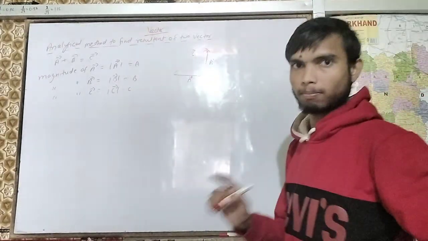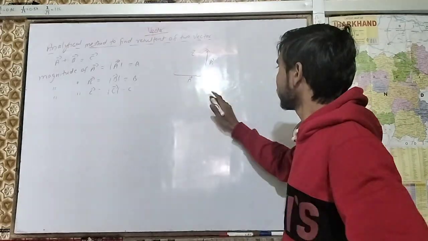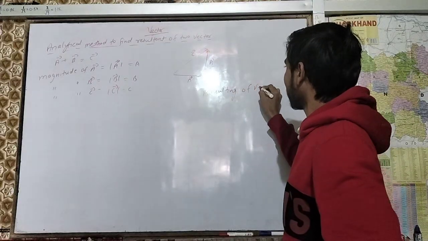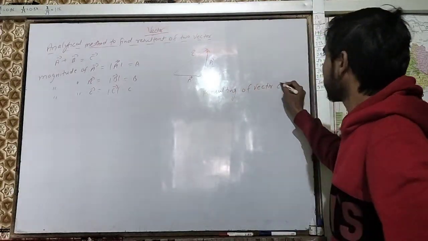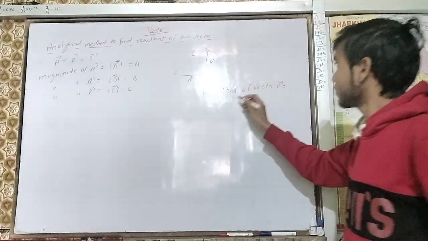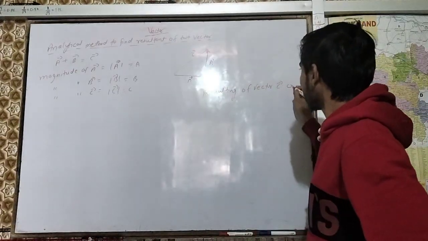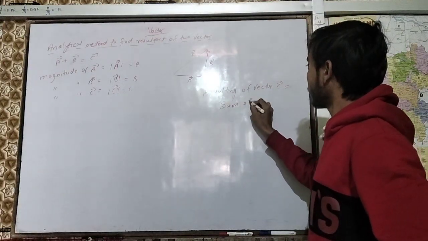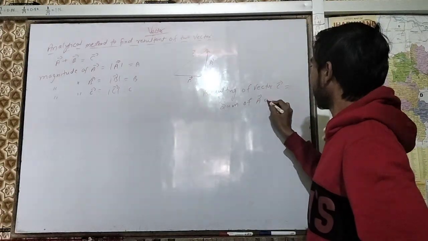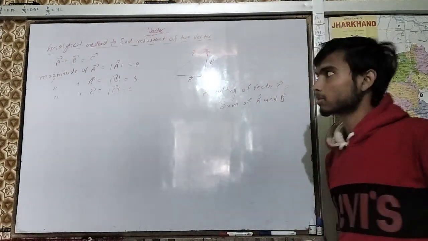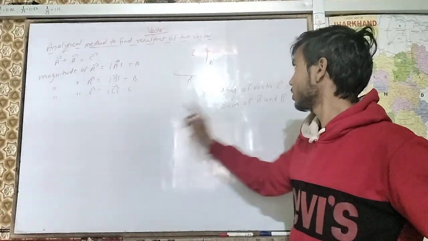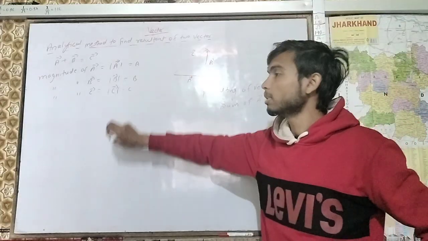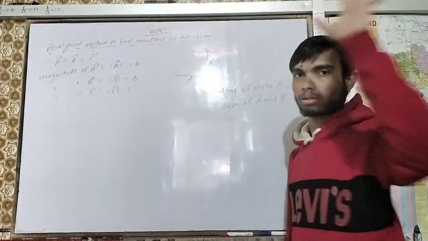What do you understand by the resultant of vectors? For example C, it means we are saying this is equal to the sum of vector A and vector B. Both are different. Resulting vector means the sum of two vectors A and B. It means we removed direction.